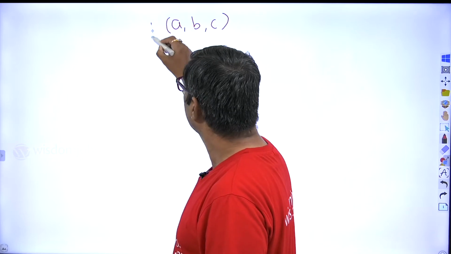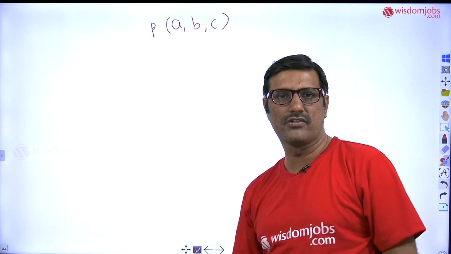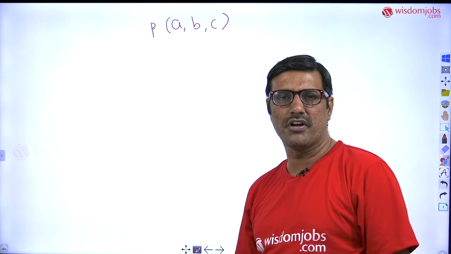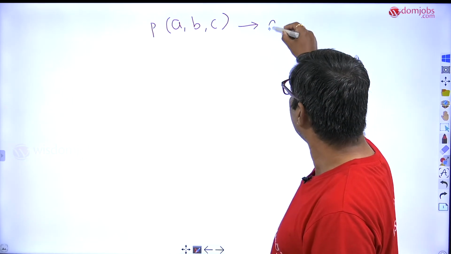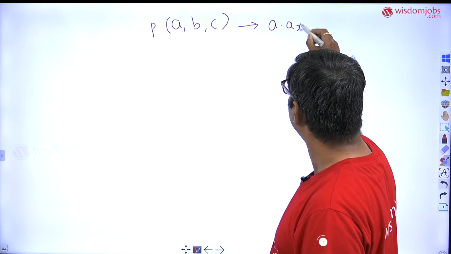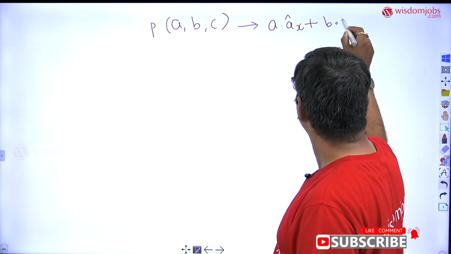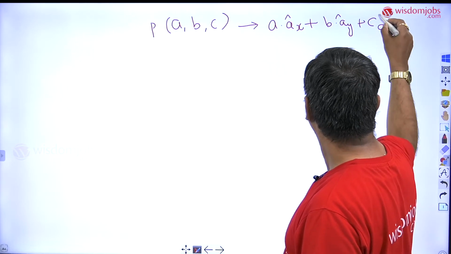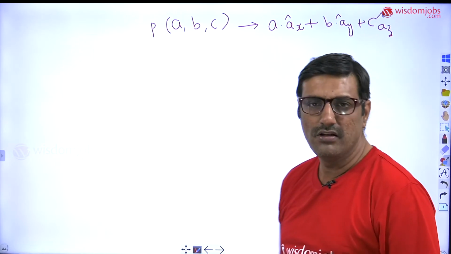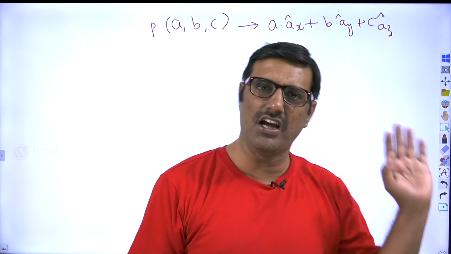Here a is the x coordinate of the point, b is the y coordinate, and c is the z coordinate. So for this point, the position vector is a into ax cap plus b into ay cap plus c into az cap.